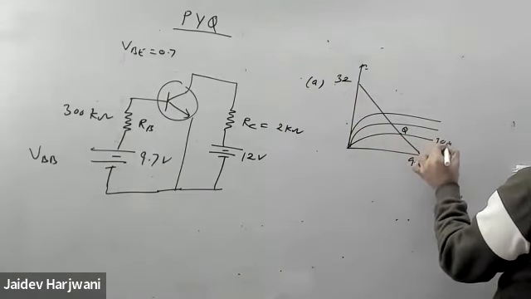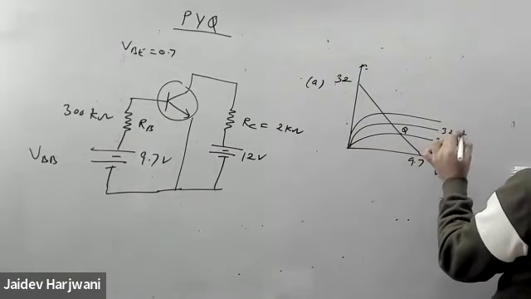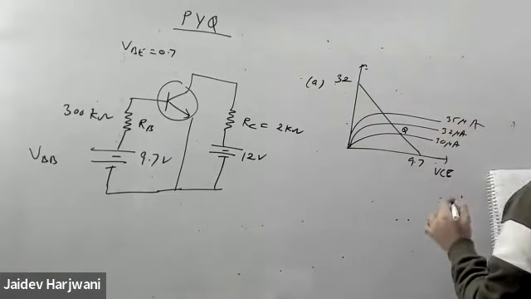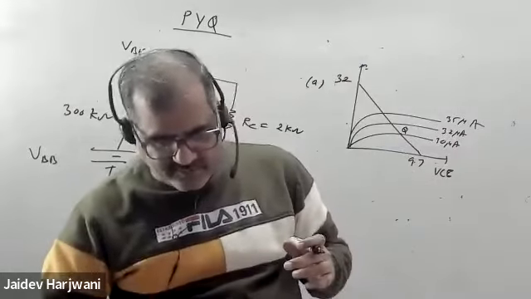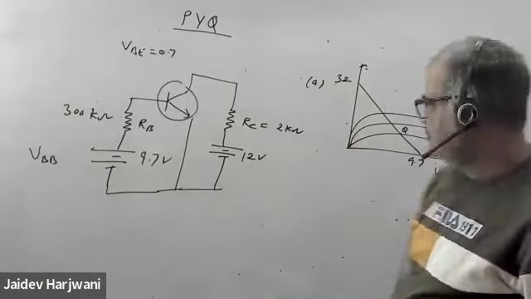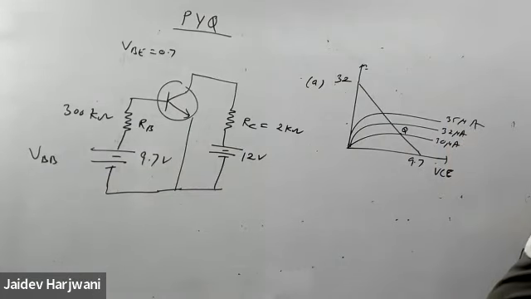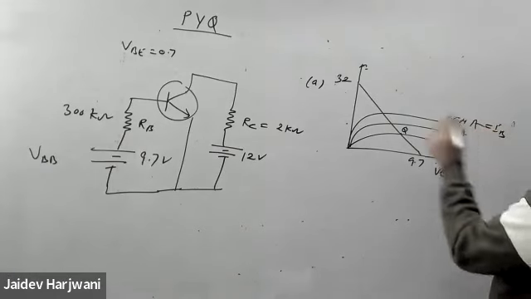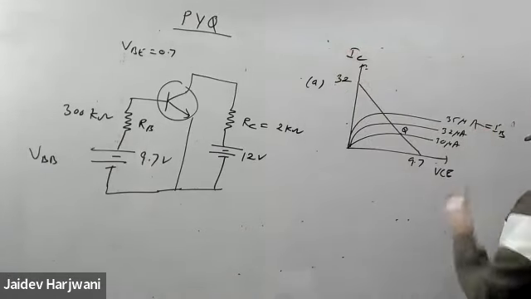This is 30 microampere, 32 microampere, and 35 microampere. Okay. So in output characteristics, what is the thing we keep constant? So these values of which current? IB. IB, very good. So these are IB values. Okay. This is IC and this is VC.